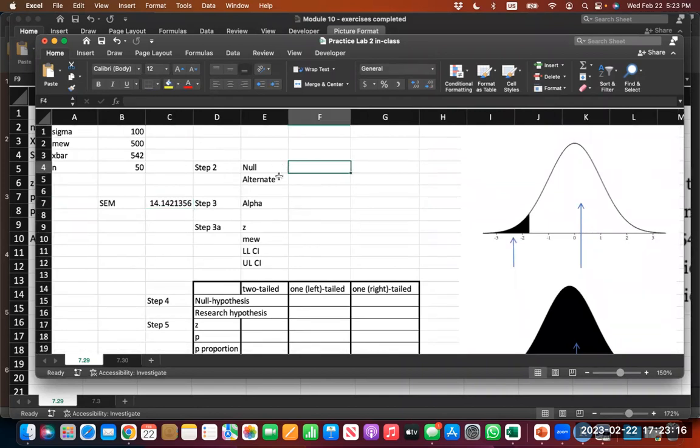If we are now phrasing the null hypothesis, that would mean that X bar equals our mu. The alternative hypothesis, X bar is unequal to mu. So exclamation mark equal sign, so that's a coding thing.